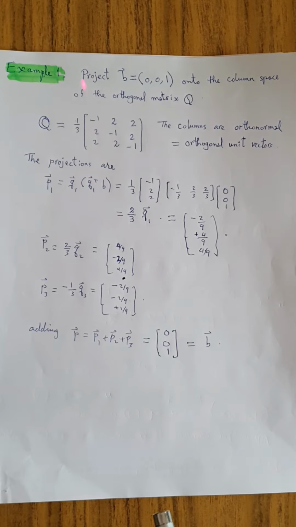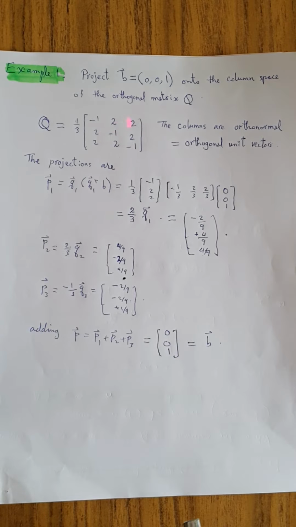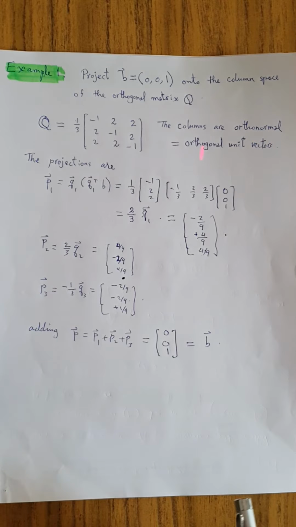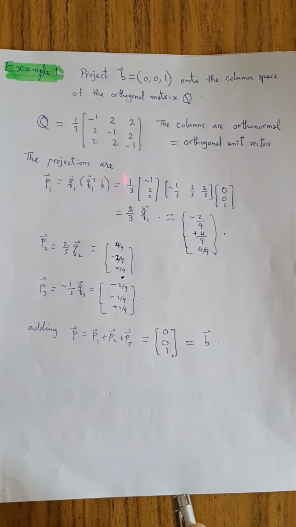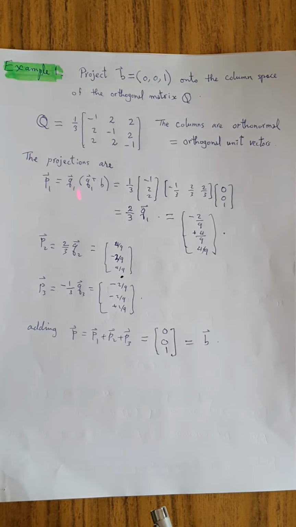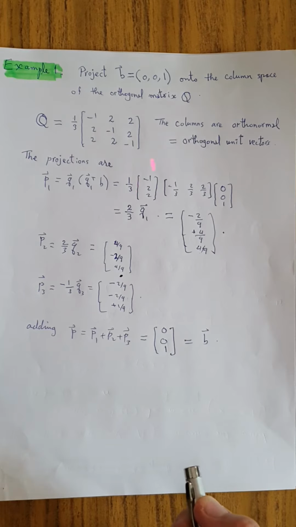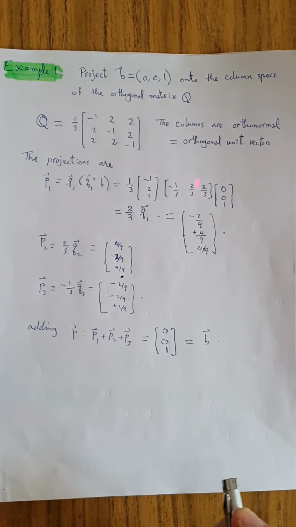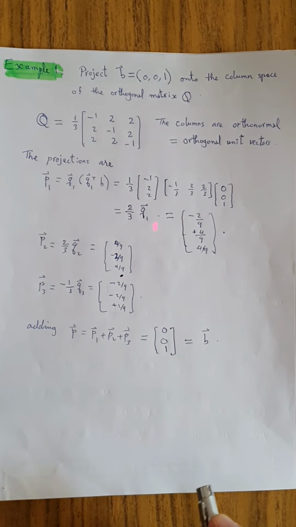As an example, project b, which is 0, 0, 1, onto the column space of the orthogonal matrix Q. Okay, the columns are orthonormal, that is, they are orthogonal unit vectors. The projection here is p1, Q1 Q1 transpose b, equal to 1 over 3 times (minus 1, 2, 2) times the first column transpose times b, which is 2 over 3 times Q1.